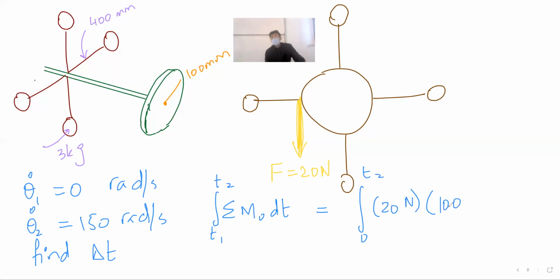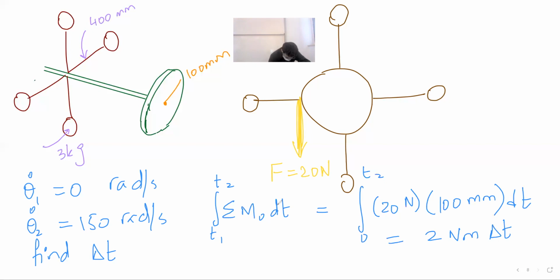I think with respect to this distance, you were focusing on which distance you will substitute. I understand, but my question was about theta dot. 100 millimeter dt, which is equal to 2 Newton meter delta t.